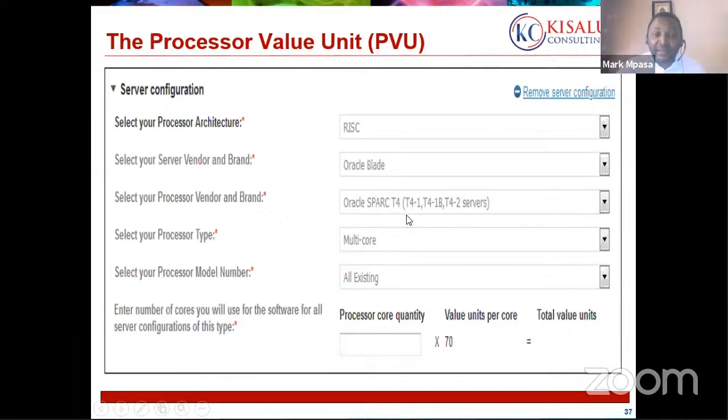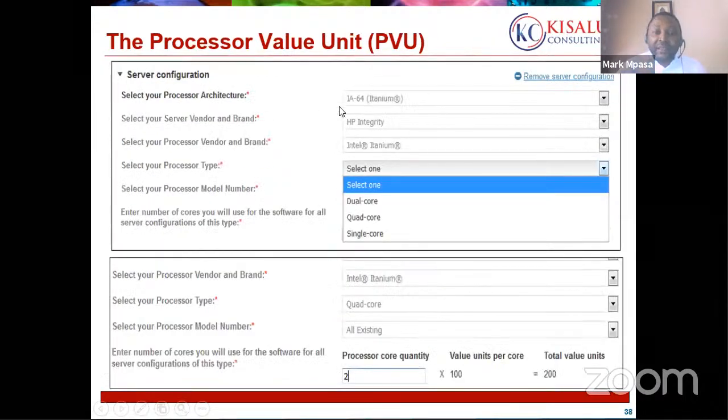Here we selected the Oracle SPARC T4, and it is a multi-core system for all existing processors. IBM says it has a value of 70 per processor. So if you have two cores that are being used by a software, you will then have to license 140.